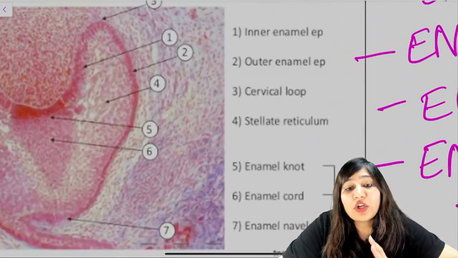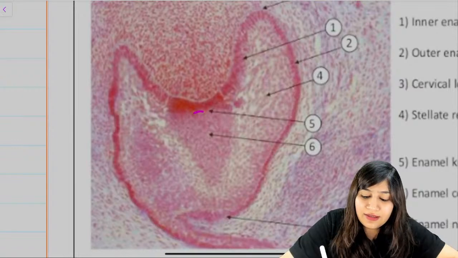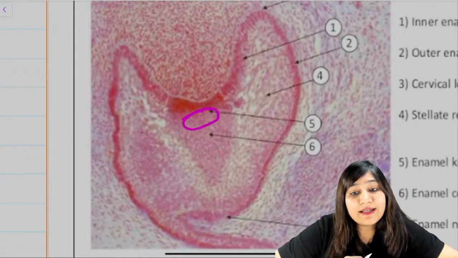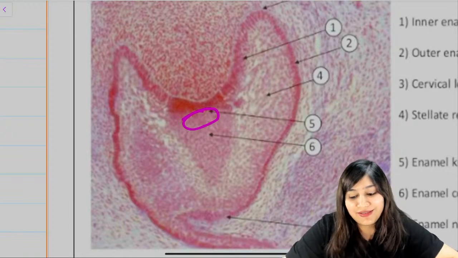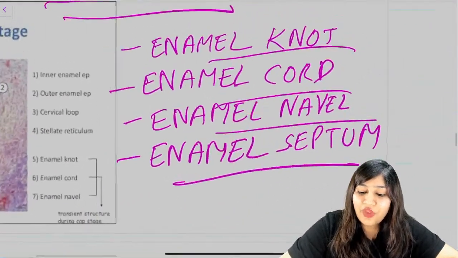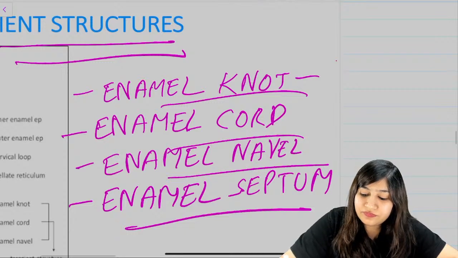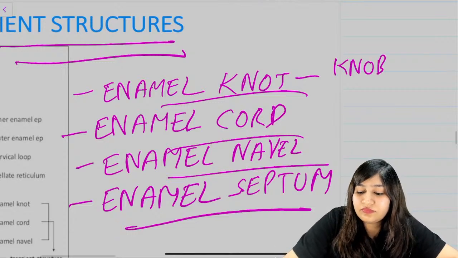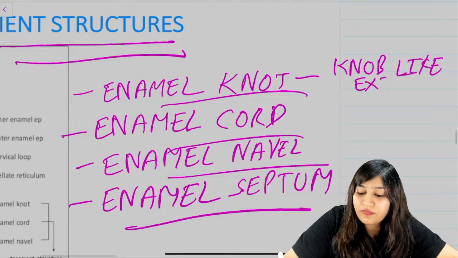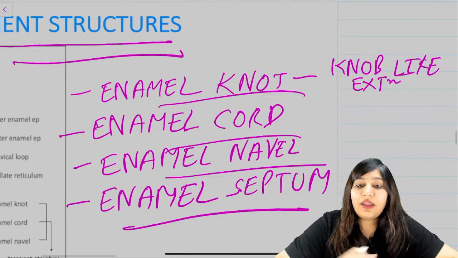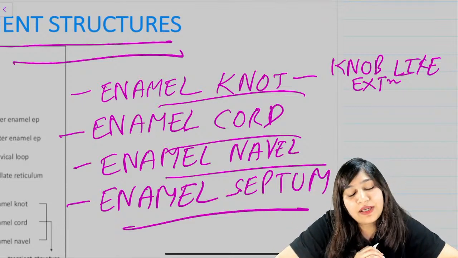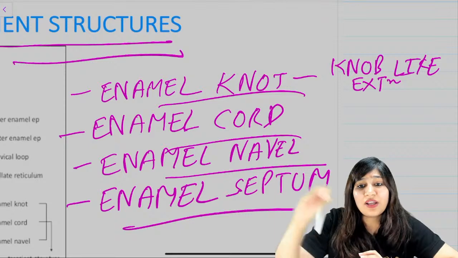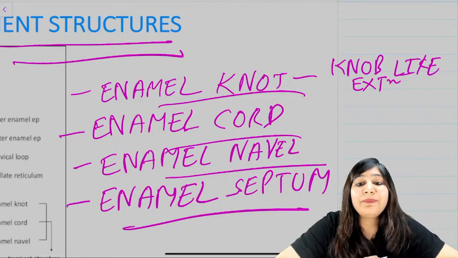Now what is the enamel knot? Here we can see condensation of cells near the inner enamel epithelium, which forms a knob-like extension. Enamel cord is the vertical extension of the enamel knot, just like the cord of a charger, right?